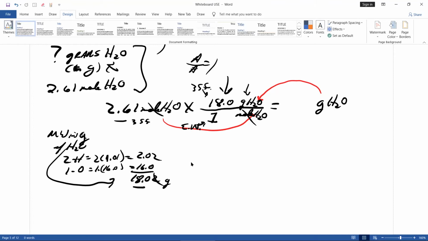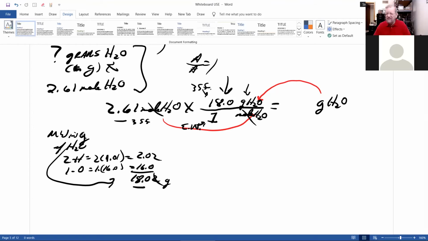And now I've got my calculator. And if you're still having a problem with your calculator, come to my office hour or see me after lab, and I'll do the math. 2.61 times 18.0. And my calculator gives me this number.